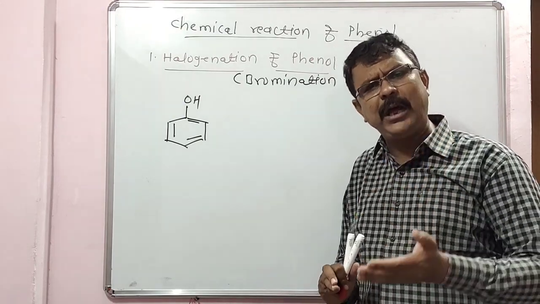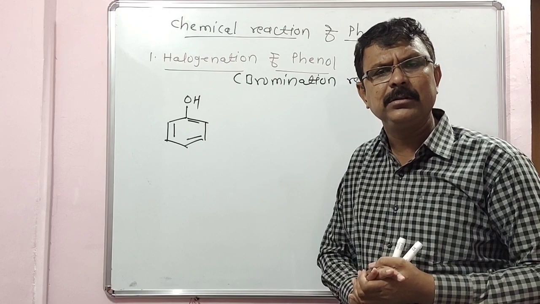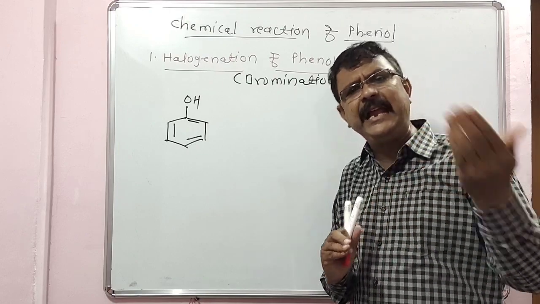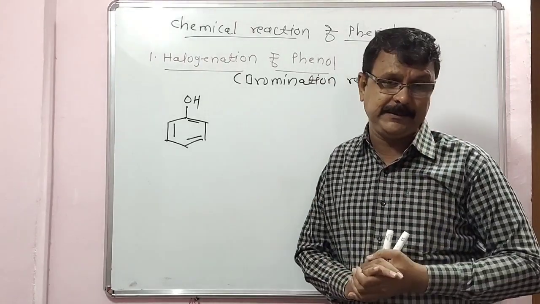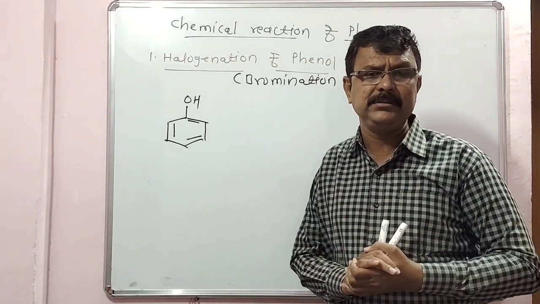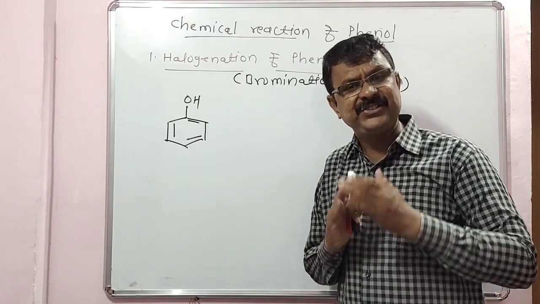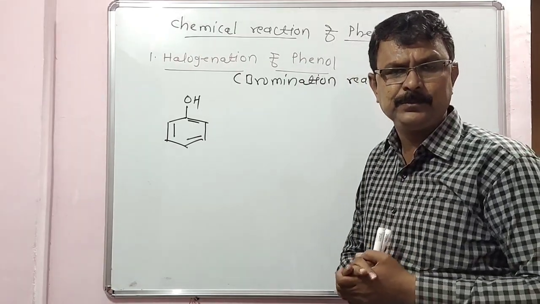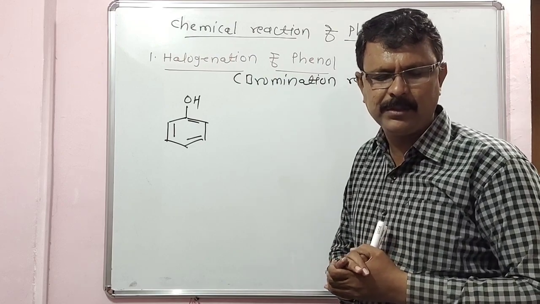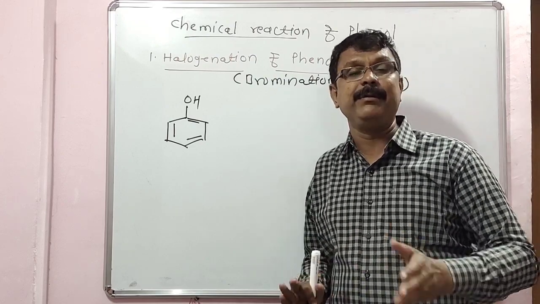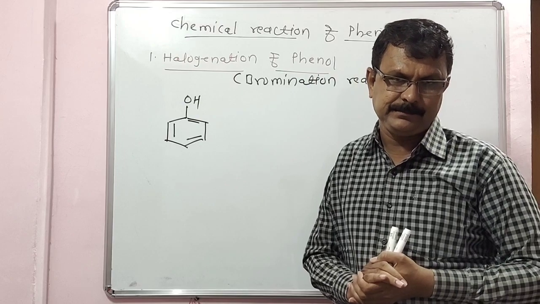A solvent with lower polarity than water means a non-polar solvent, that is, bromine in CS2, CHCl3 meaning chloroform, or carbon tetrachloride.